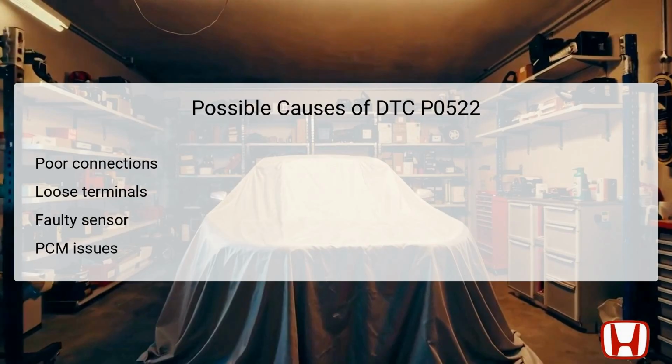Loose terminals can also be problematic, particularly at the sensor's connector or the connection at the PCM, leading to intermittent failures. In some instances, the rocker arm oil pressure sensor itself may have malfunctioned, requiring replacement.